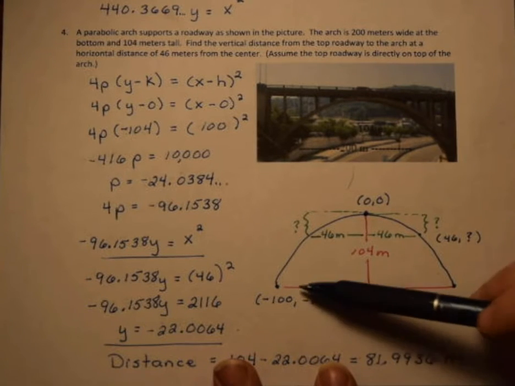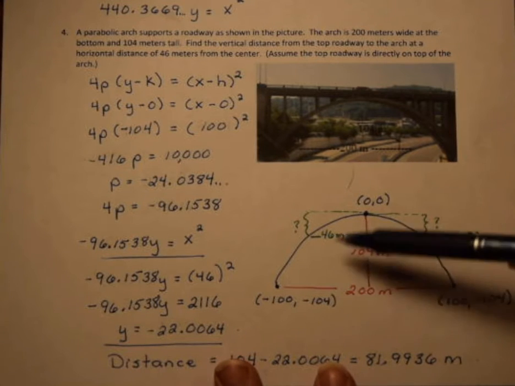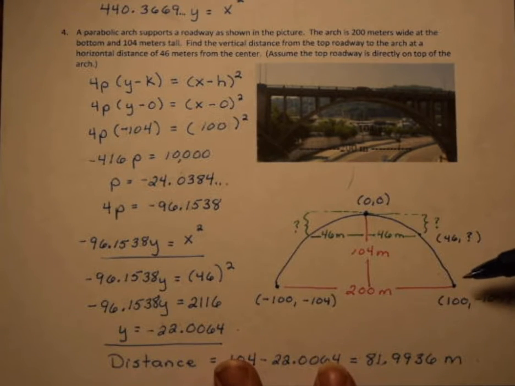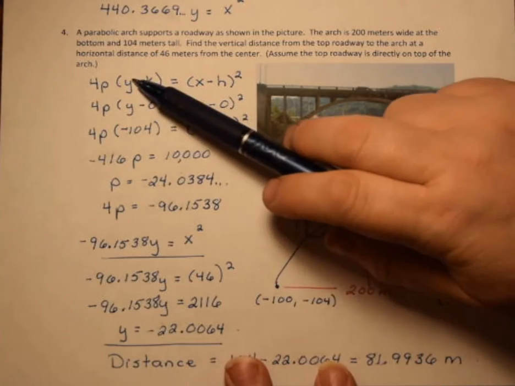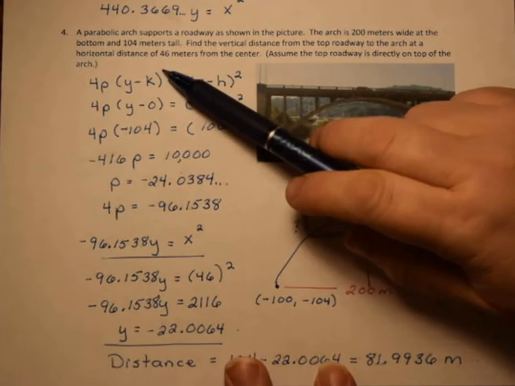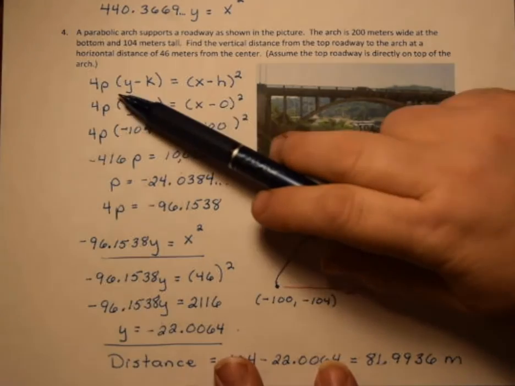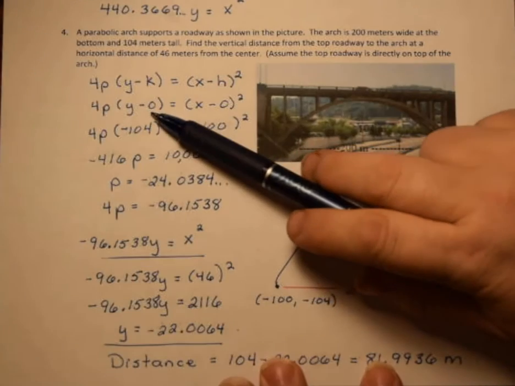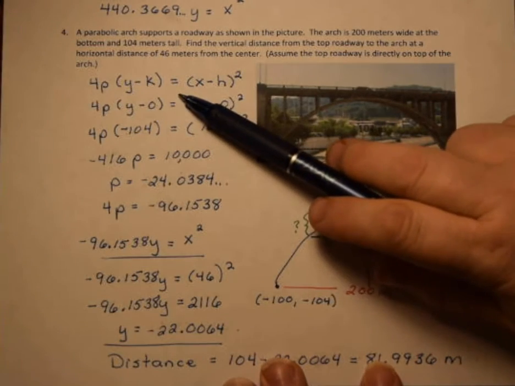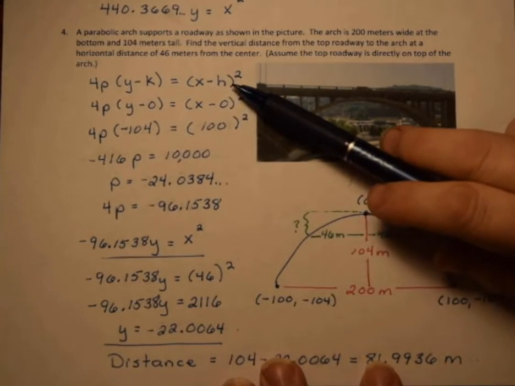Well, we know that this is a parabola that opens down, so it passes the vertical line test, so it's a function. So we're going to use the form that has y minus k to the first power, because we could move all of these numbers and variables over to the right side, and then we would have y is equal to something, and so it would be a function.